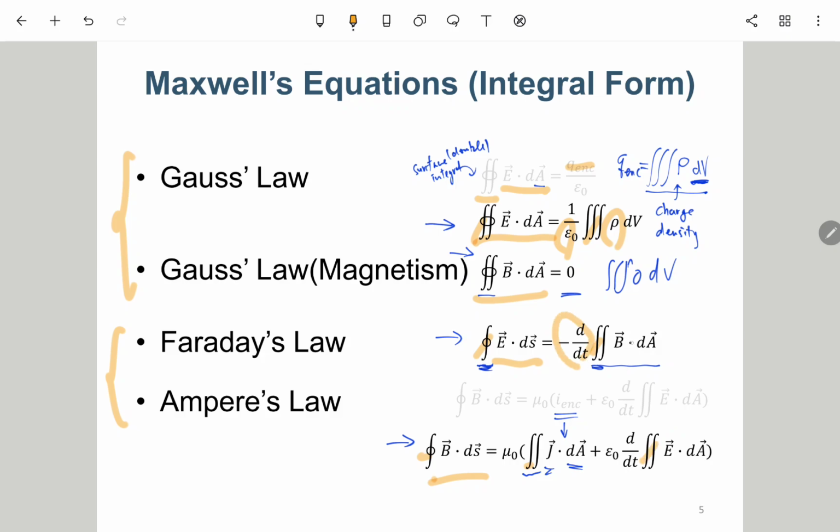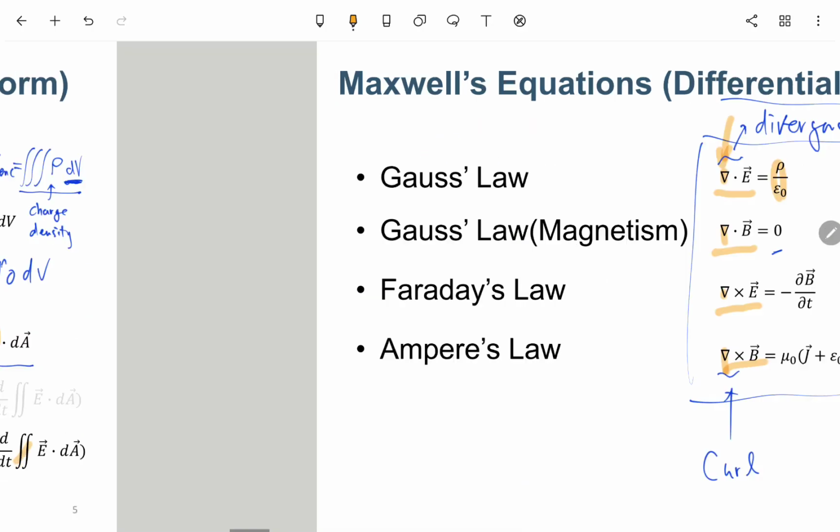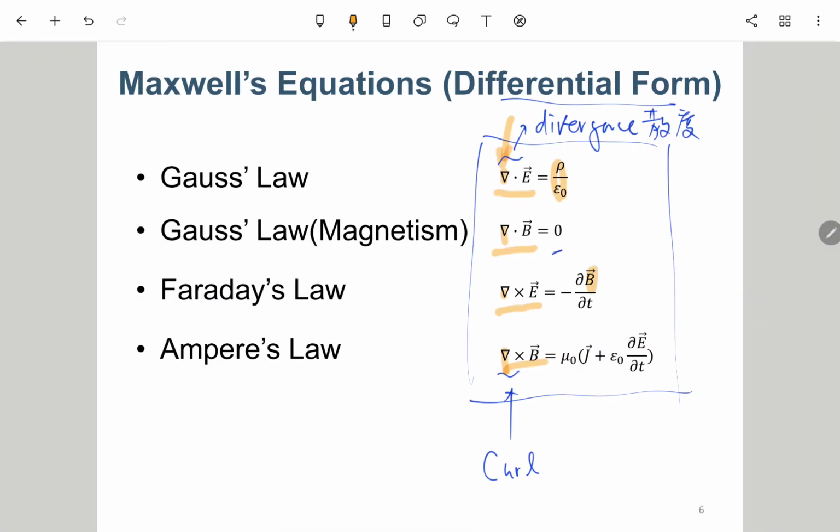So here we only have negative dB dt, but B is a function of x, y, z, and t, so it has multiple independent variables, so we should use a partial derivative rather than the ordinary derivative.